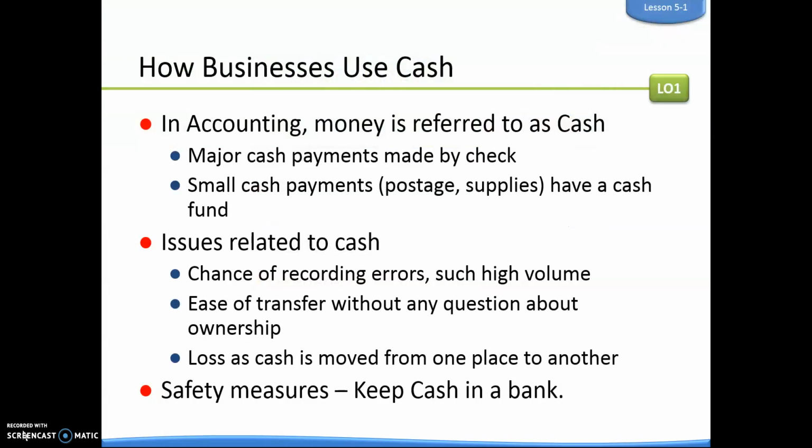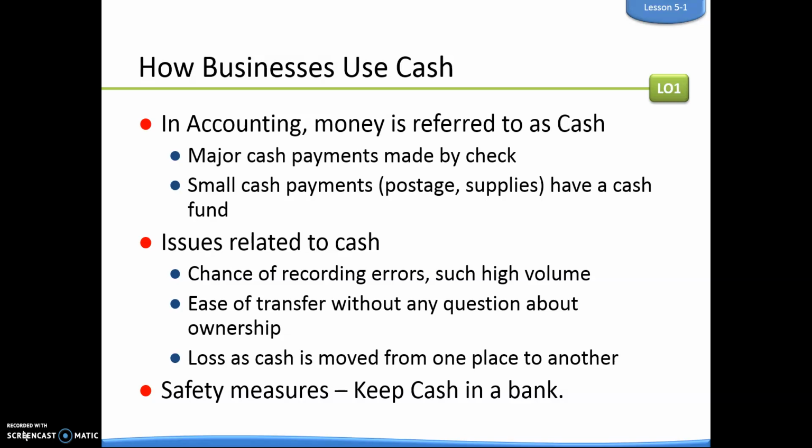So let's take a look here and start talking about our checking accounts. Typically in accounting, anytime that we refer to money, we refer to it as cash. And the major cash payments are typically made by check. A business usually has a checking account and they still write checks. They might use debit cards.